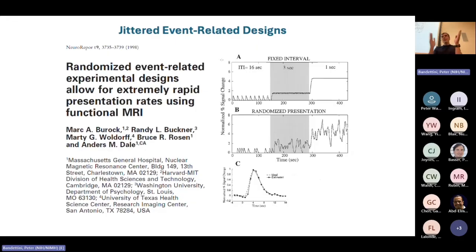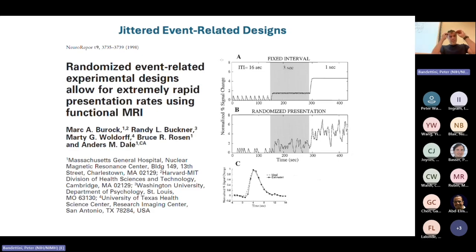You can go very fast as long as you jitter and randomize the response, and what you can do then is deconvolve the stimuli according to each of your conditions from that randomized response.